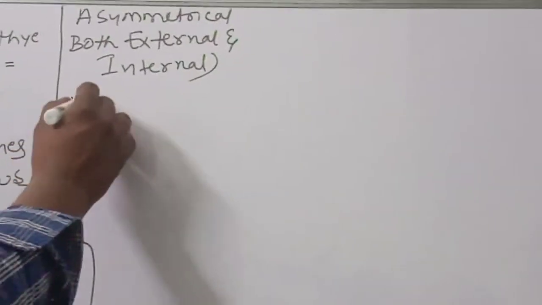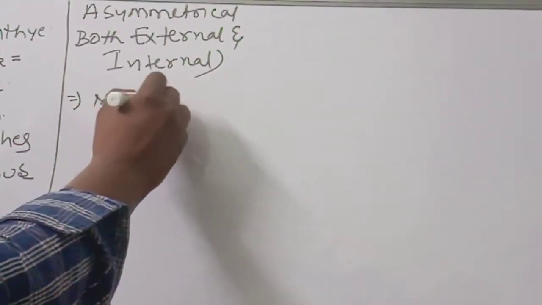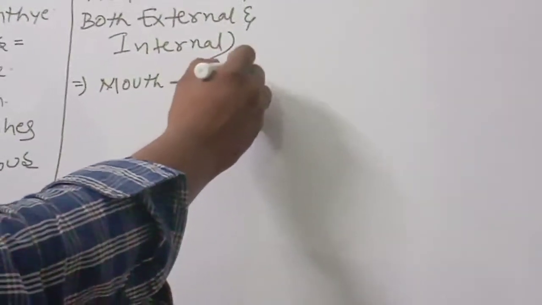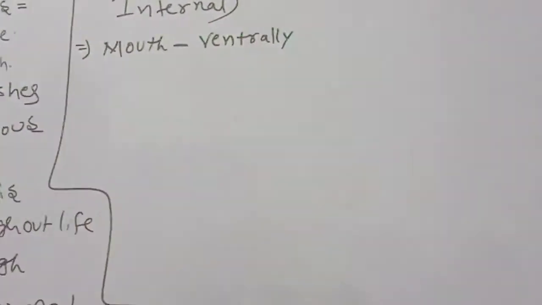The next one is the mouth. The mouth is located ventrally.